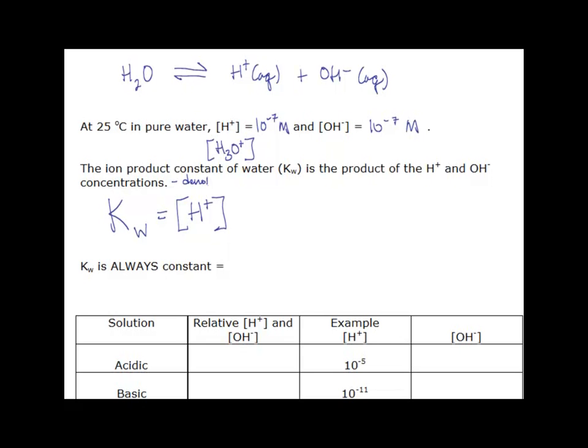Ion product constant of water is the product of the hydrogen ion concentration and the hydroxide ion concentration. Now, product, when you're talking about math, does that mean multiply or divide? It means multiply. So you're just going to be multiplying these two concentrations. You will always get the same Kw. It's a constant.